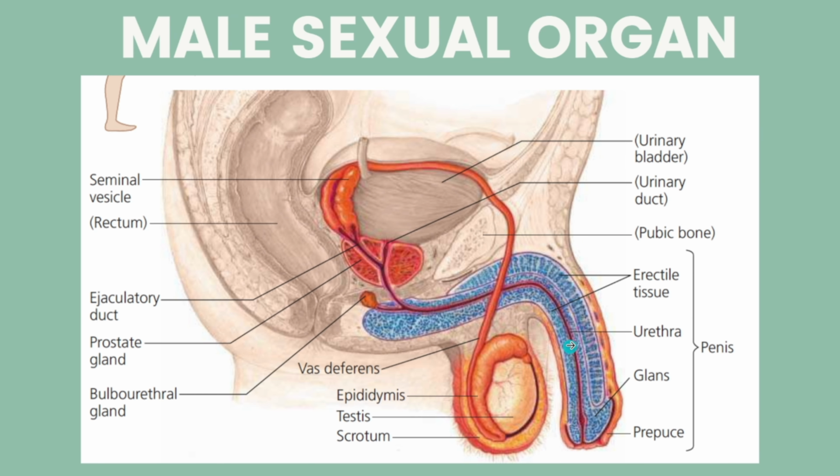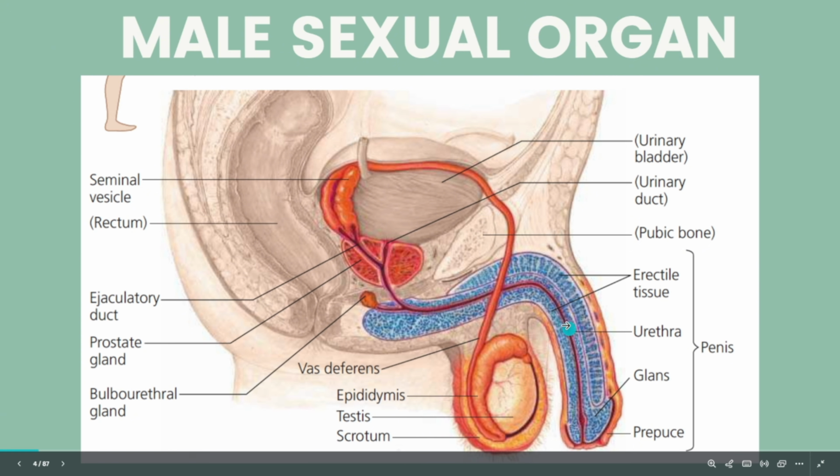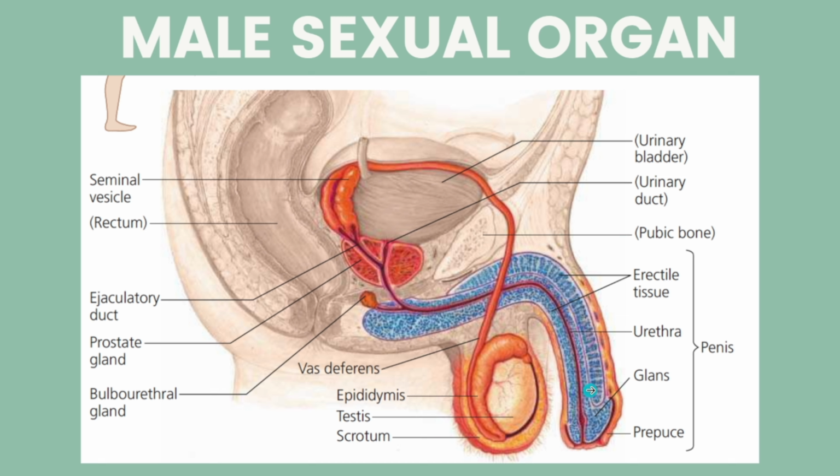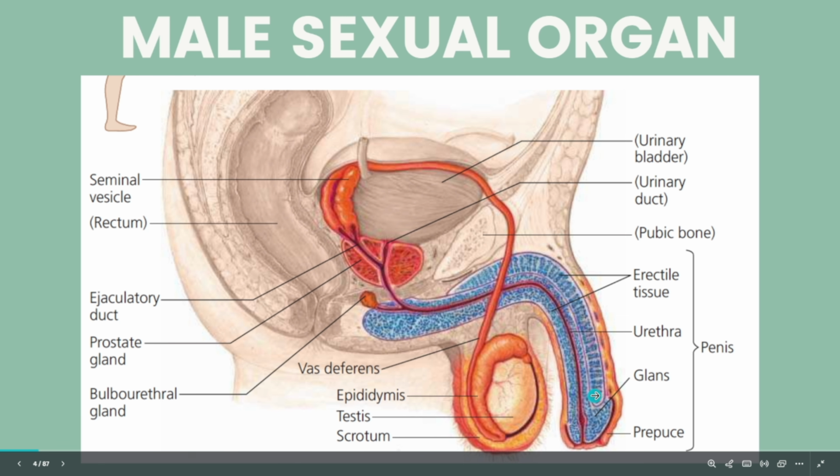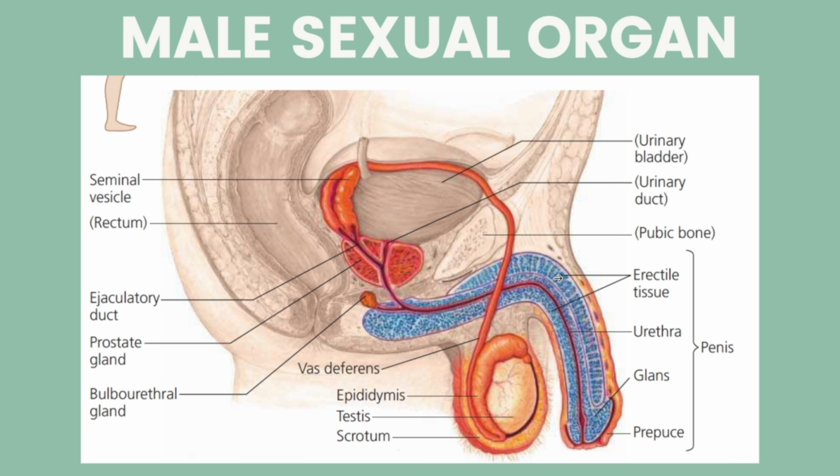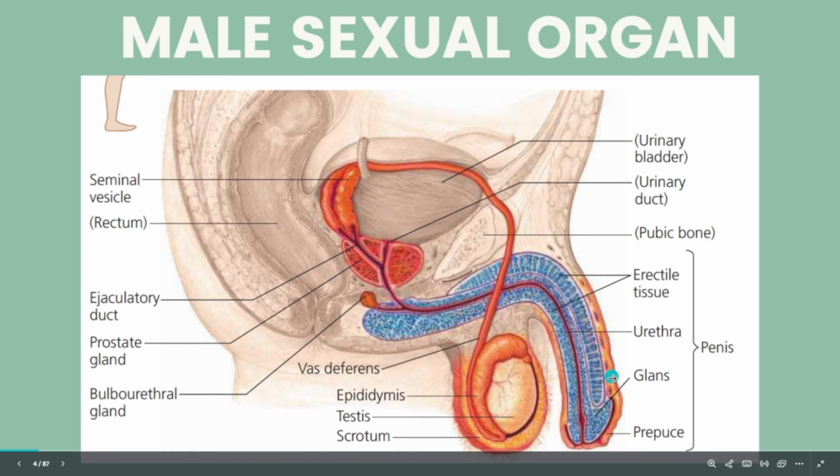That is why the penis is very important to the male, because if a male does not have a penis, the sperm cannot be released from the male part. So this is the passage of the sperm from the testis into the penis during sexual intercourse.